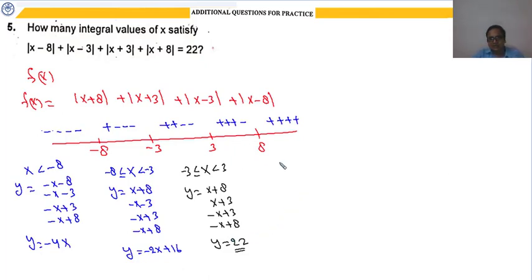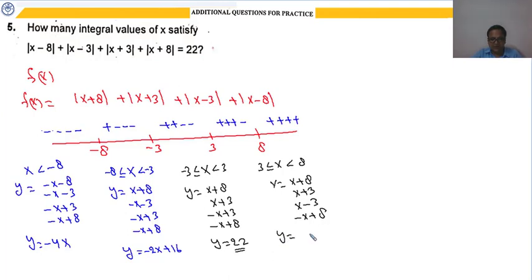When x is greater than or equal to 3 and less than 8, the first three mods are positive, the last is negative. So we get y is equal to x plus 8, x plus 3, x minus 3, and then we add minus x plus 8. So minus 3 plus 3 cancel out, x and minus x cancel out.